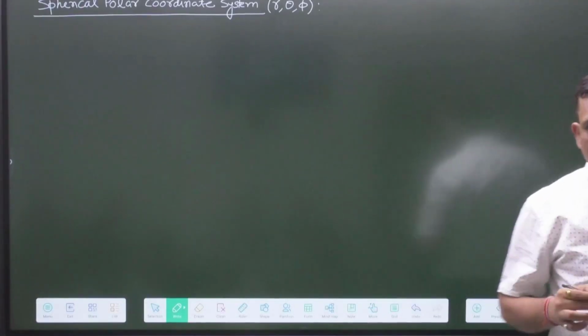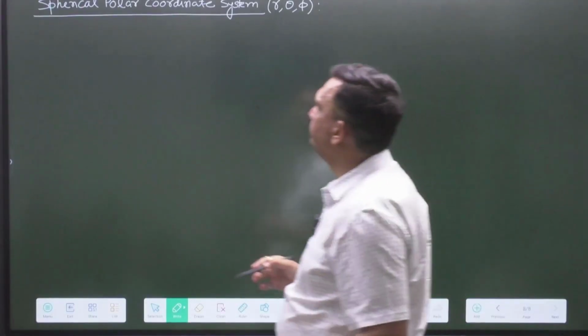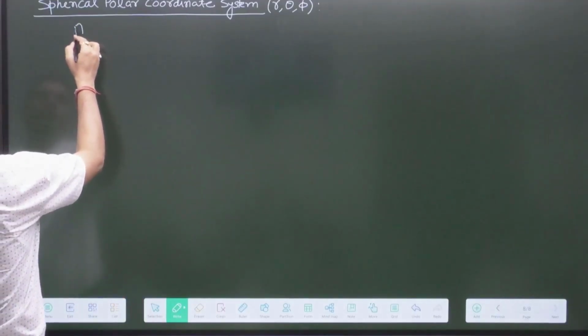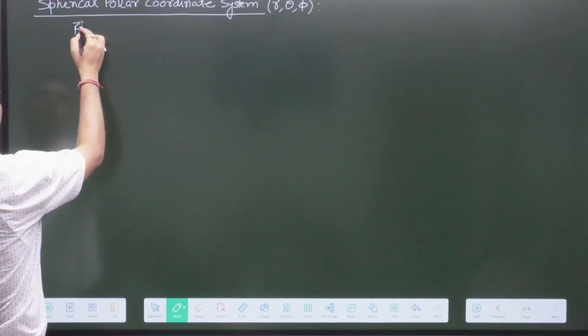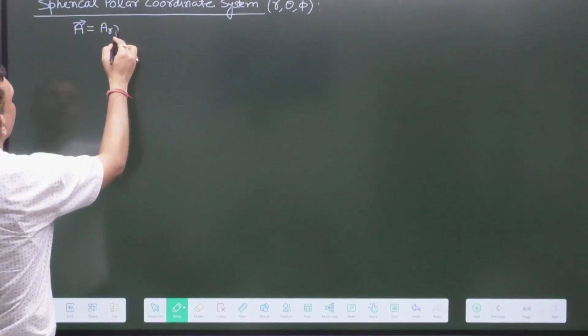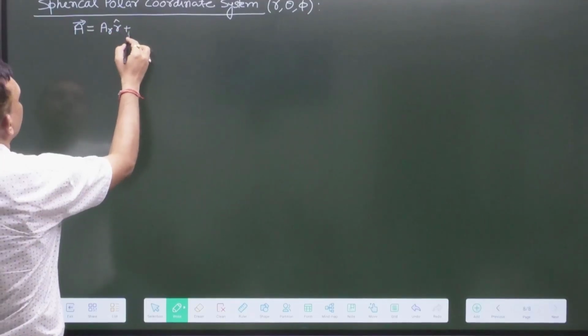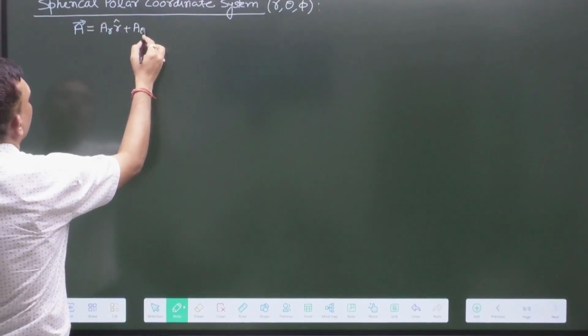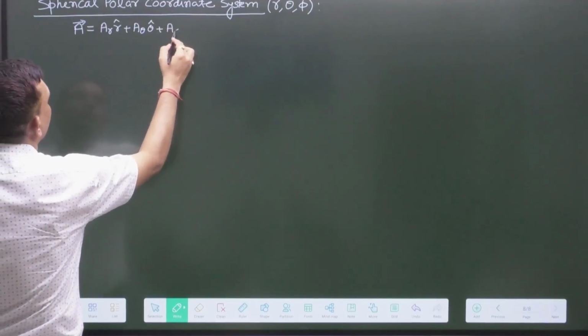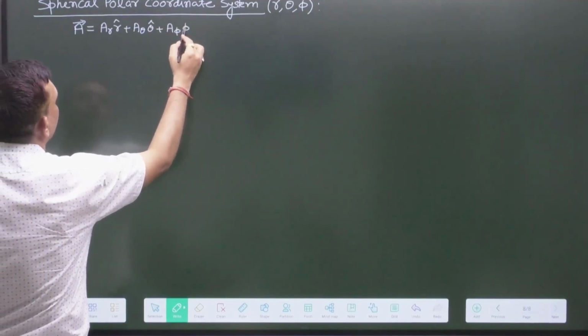So coordinates are r, theta, phi. Any general vector A can be written as A_r r cap, A_theta theta cap, A_phi phi cap.